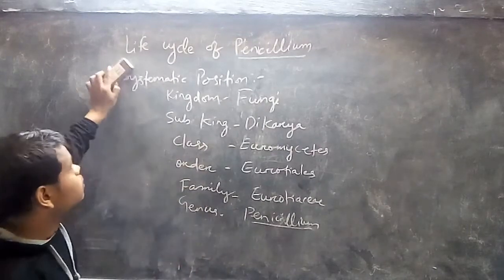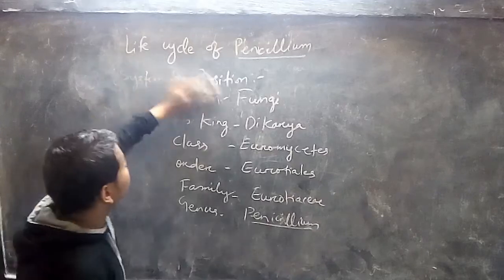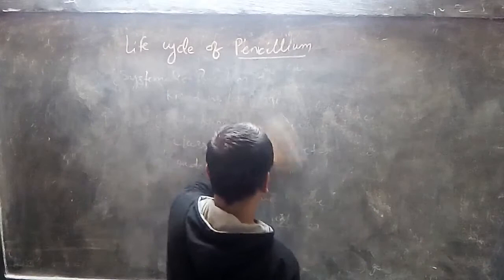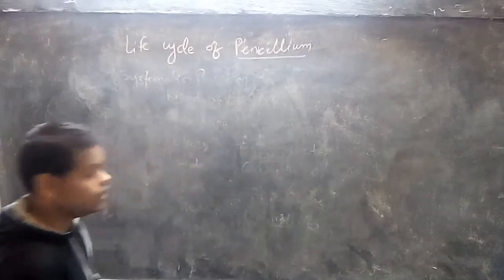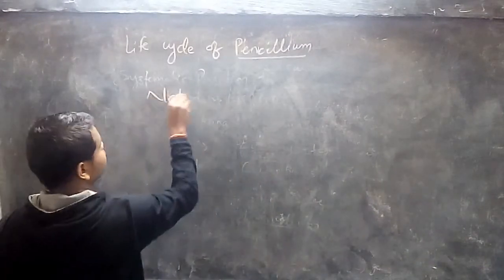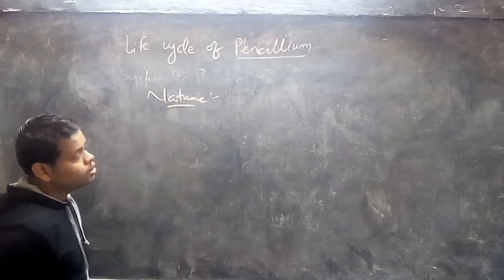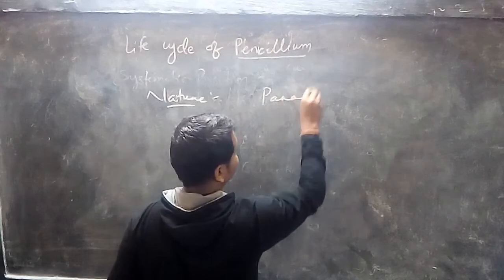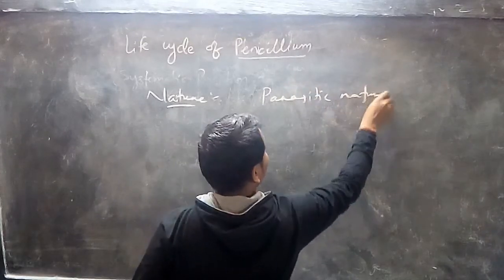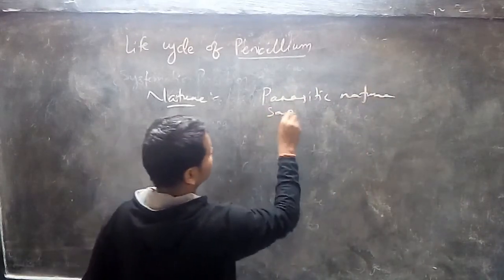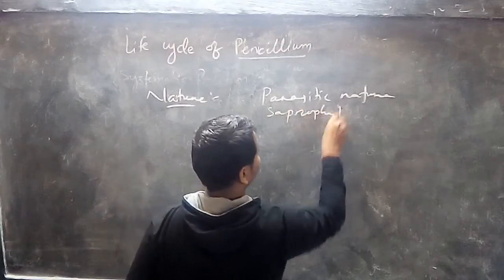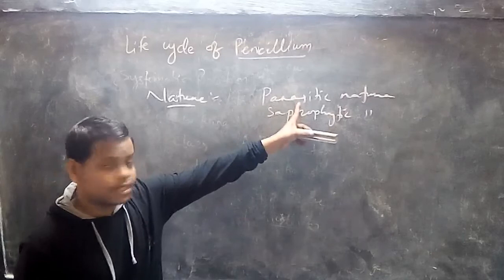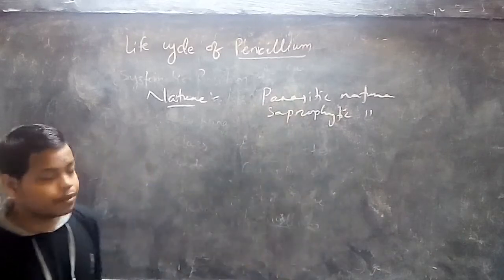Then we are going to discuss its nature and vegetative structure. In nature, some species of Penicillium are parasitic and some are saprophytic.